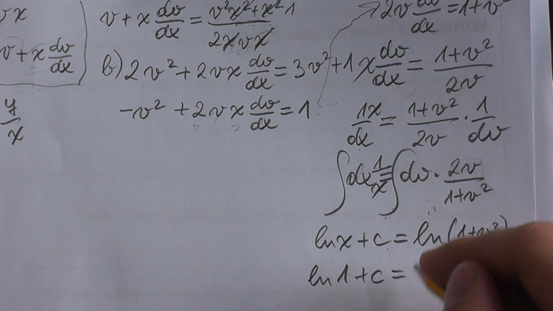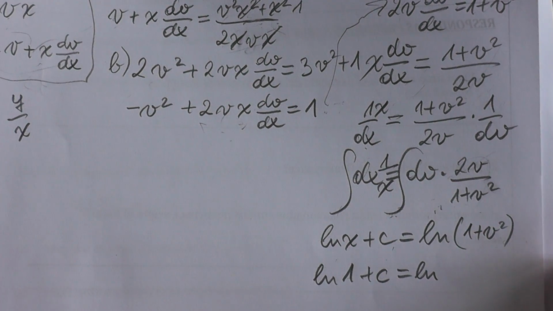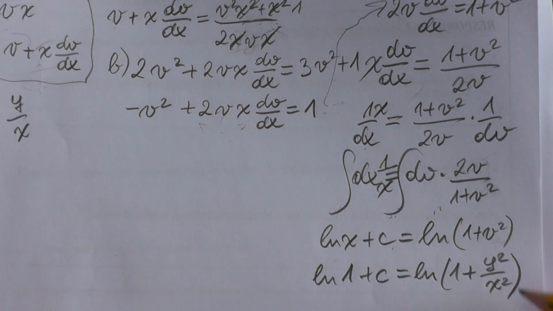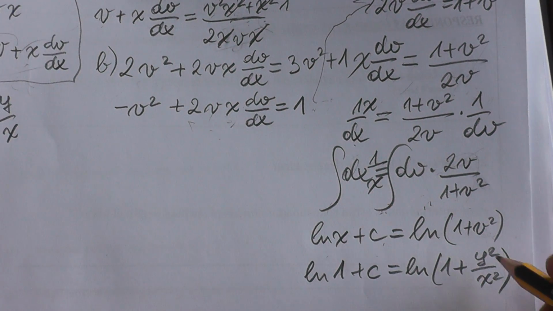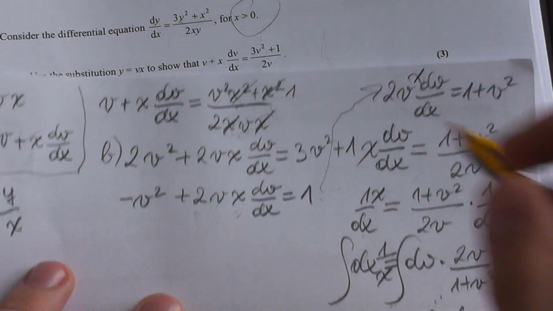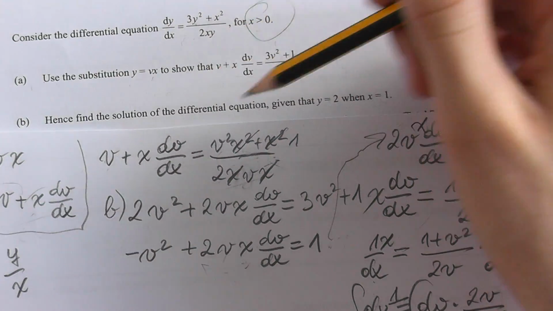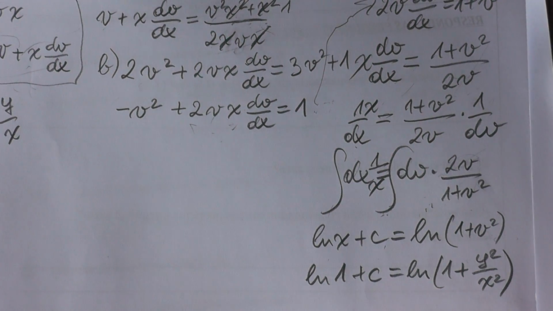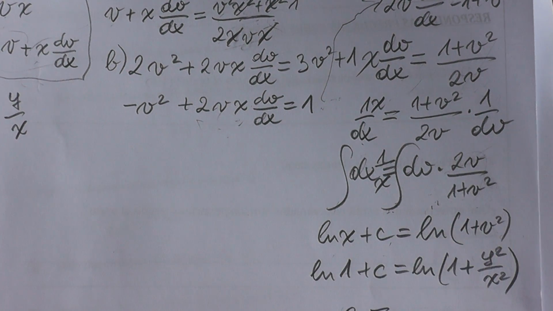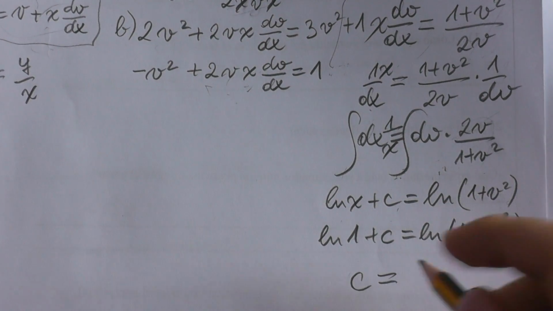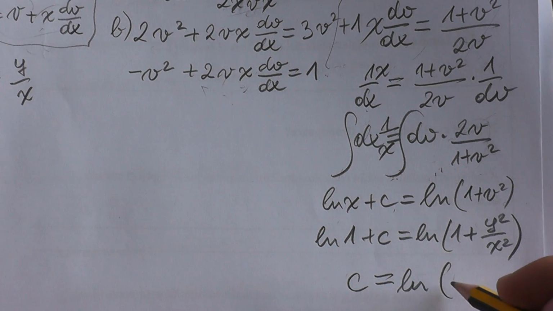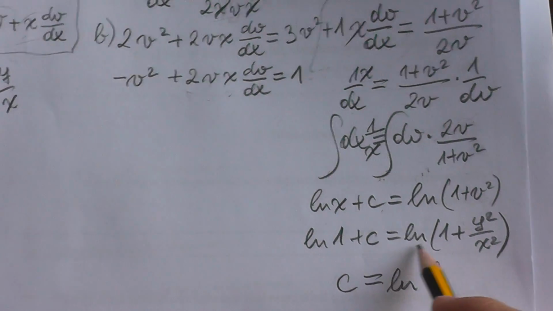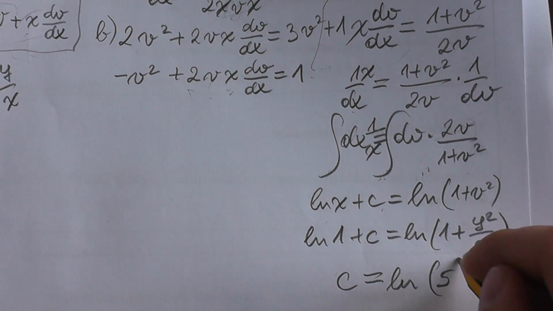Hence, in here we put ln of 1 plus y squared over x squared, conveniently. If you put in y is 2 when x is 1, you get ln x is obviously 0, and so c is equal to ln of 5.